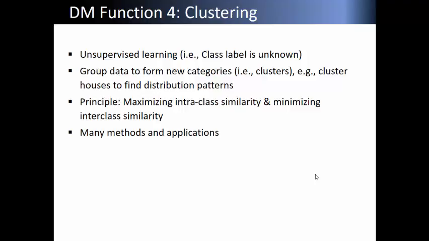Classification, defined. Clustering, not defined. Different assumption. Classification, already there is a definition of each class. That is a big assumption. But clustering, no. By looking at each data item, data point, we think, can we group them into 5 or 3?